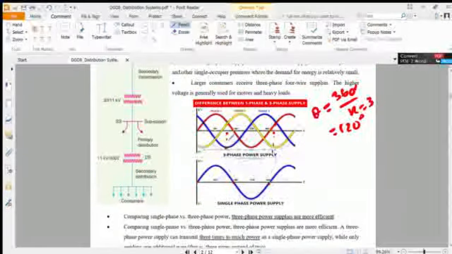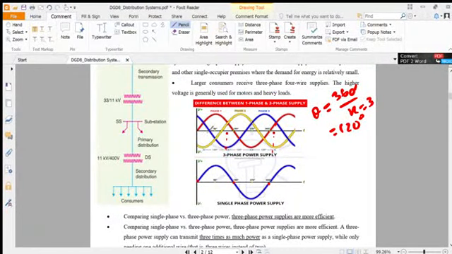But in a three-phase system, for phase 1 here is a zero crossing, but the other two phases have a value, so the power never goes to zero, although each phase crosses zero three times in a single cycle. Here for phase 1 is a zero crossing and the power is zero, but the total power is never zero, because phase 2 has a certain value and phase 3 has a certain value.